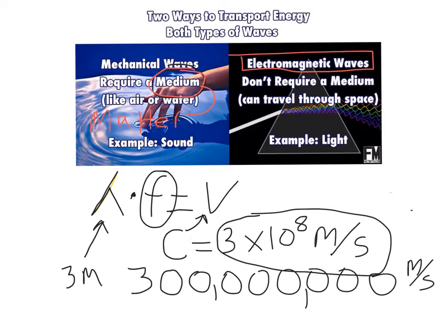And that number would be bigger if you calculate it in miles per hour, which we're more used to seeing. So 300 million meters per second. If you've ever seen a meter stick, it's too hard to comprehend, but light has to travel 300 million meter sticks, if you line them all up, in 1 second. That's how fast light travels.